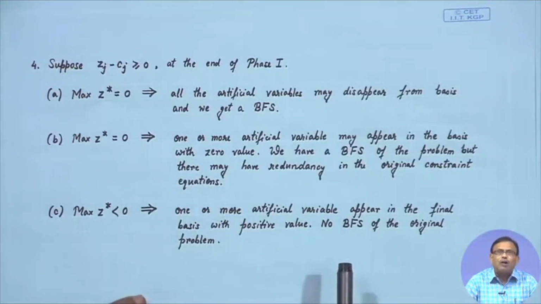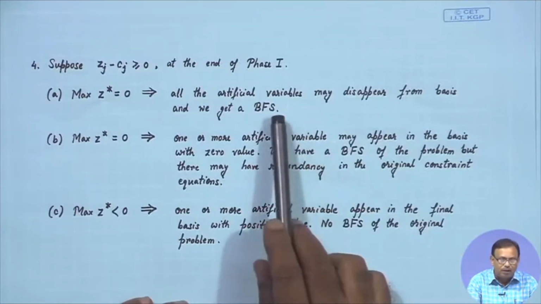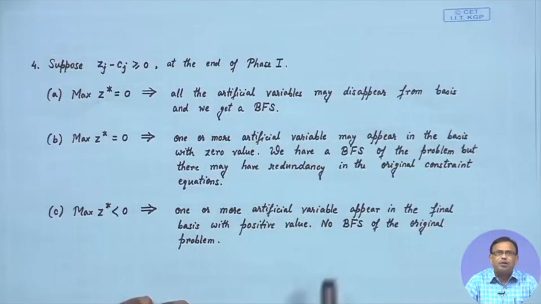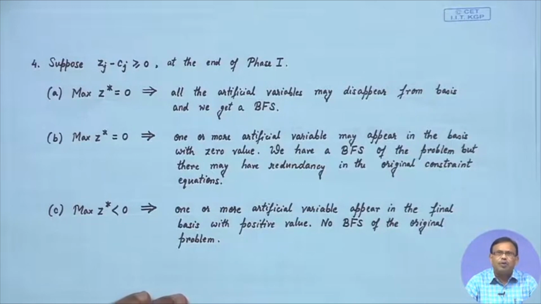The next case may come on z star equals 0. One or more artificial variables may appear in the basis with 0 value, because in the first case we have told z star equals 0 means the values of all the artificial variables must be 0, then only z star will be 0. But your value of all artificial variables are 0, but one artificial variable still is there in the basis, that is, still it is a basic variable.